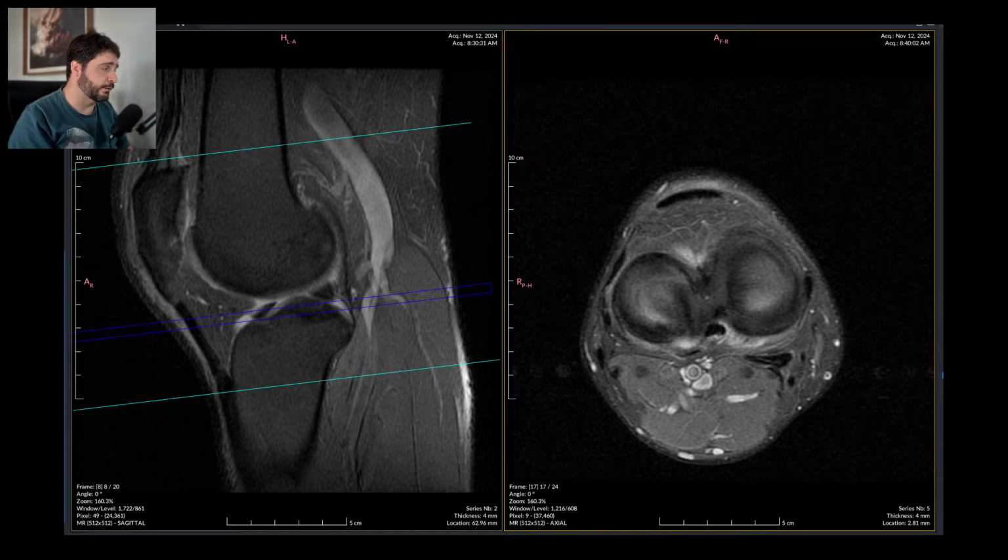Mild osteoarthrosis of the patellofemoral compartment or joint. Mild effusion and synovitis. We have a moderate tendinitis of the patellar tendon.